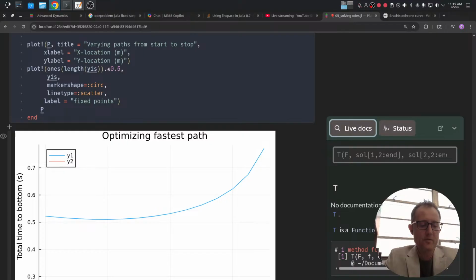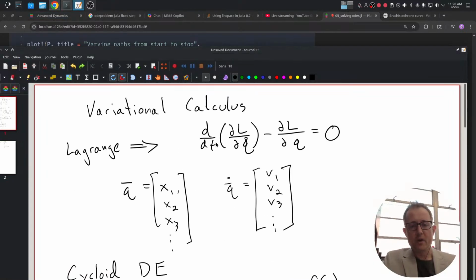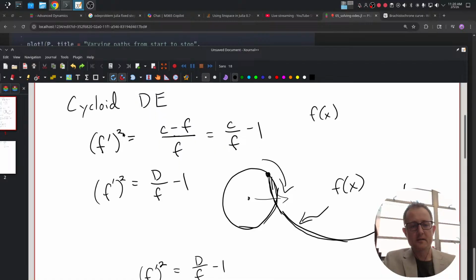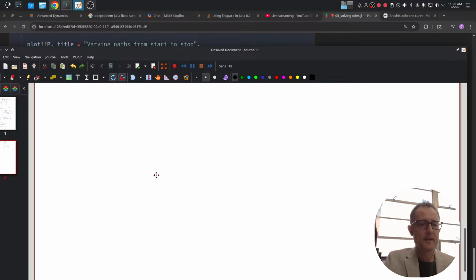And if you think that discrete things that are non-differentiable are faster, then we would need a different method to get to that optimum solution. But the way that we got here was using some variational calculus.